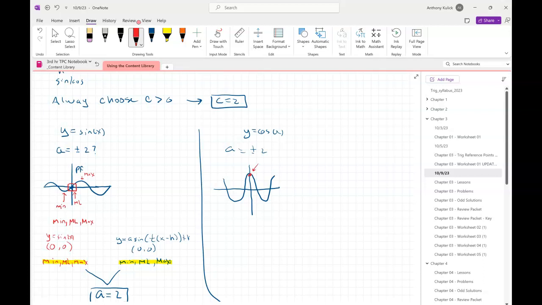So the point we care about is this. The point (0, 1) is a maximum on our cosine function.